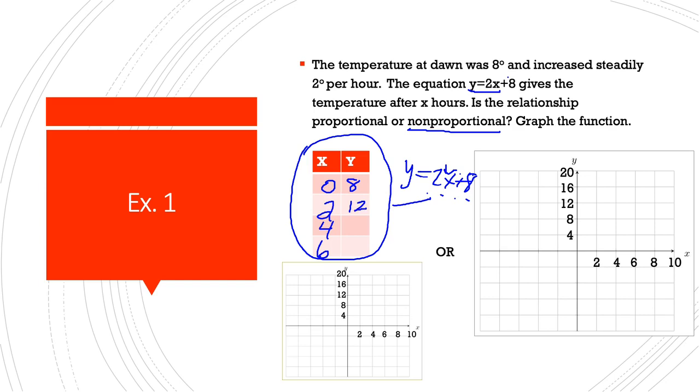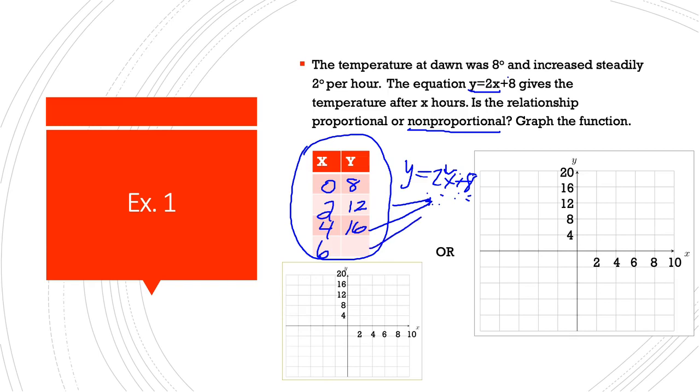Okay, then I'm going to plug my third x value that I chose in. Okay, I chose 4. So come up here, plug in my 4 for x. So 2 times 4 is 8, plus 8 is 16. Okay, and then my last x value that I chose was 6.